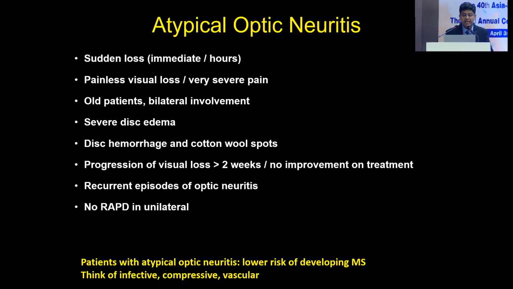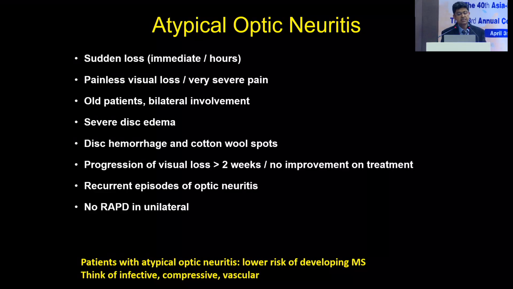Now the atypicality comes obviously the moment we are looking at an age group which is outside what is conventionally described for typical. The vision loss is very sudden. There is either absolutely no pain or very severe pain. Older patients, bilateral involvement, so there is obviously an overlap or confusion if you're looking at ischemic or not.